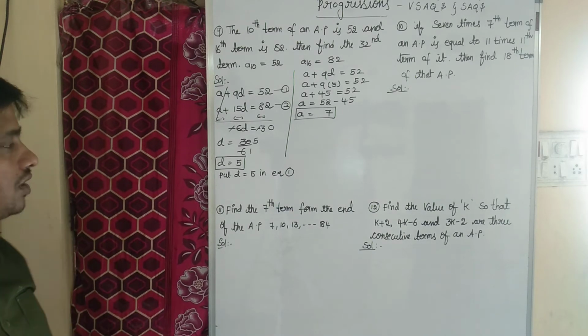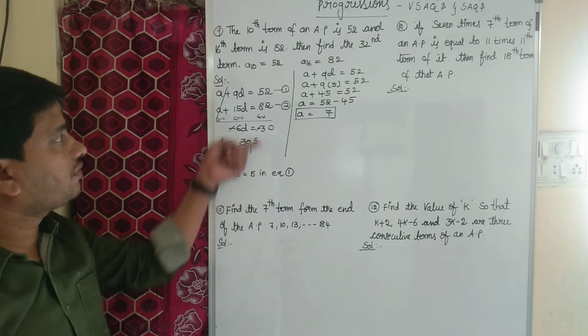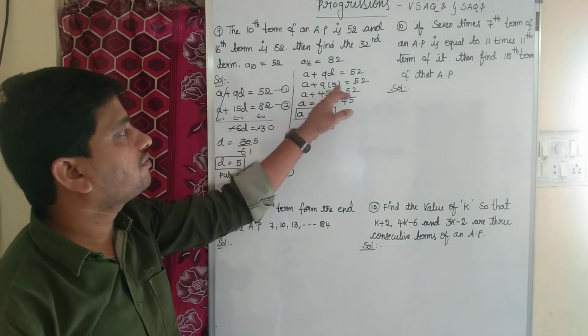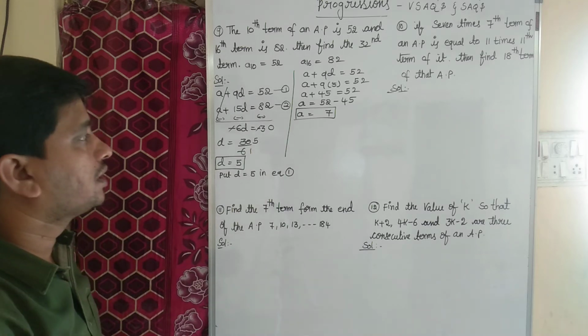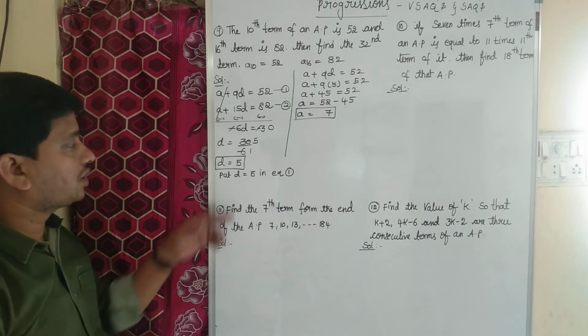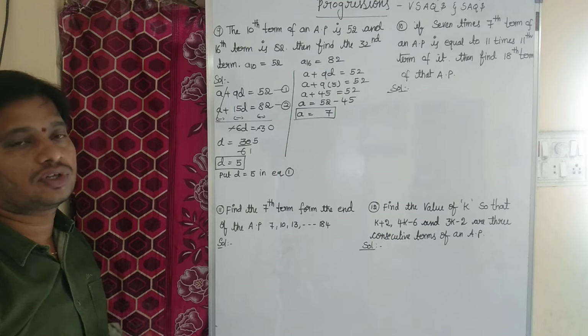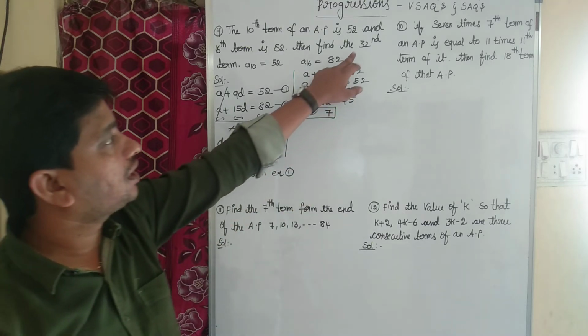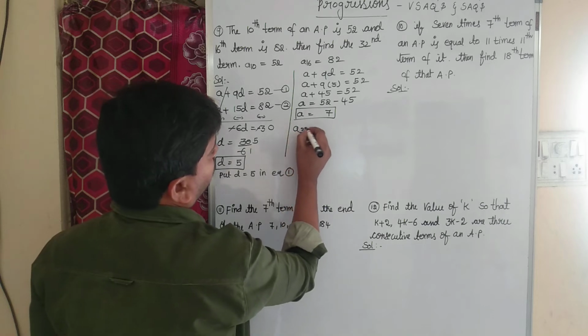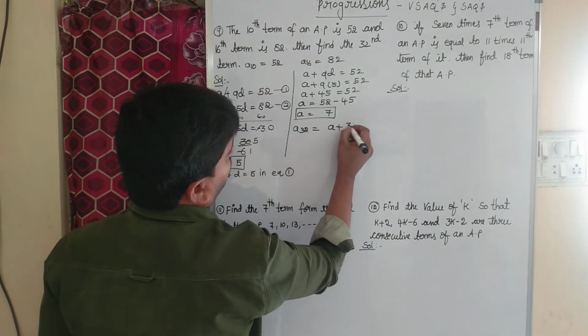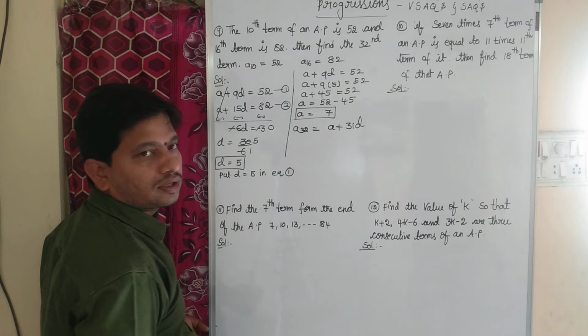Is it clear, children? What we did? We substituted d equal to 5 in equation number 1. 9 5 is 45. Transpose minus 45, 52 minus 45, that is a equal to 7. We got the value of d as well as a. Now what to do? We have to find the 32nd term. 32nd means a32. a32 equal to a plus 31d.